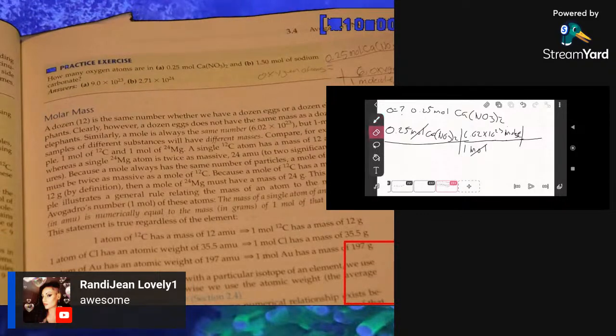I'm just going to put MC for molecules. Molecules of calcium nitrate. We know it's calcium nitrate because we're talking about it right there. And then we put molecules here.